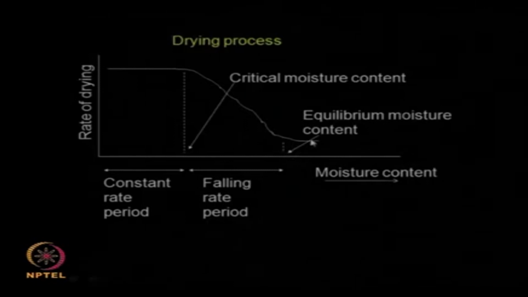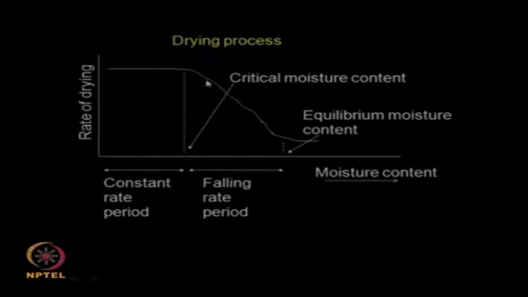It is the concentration of water in the material which is in equilibrium with the amount of water present in the air at that temperature. You cannot dry the material below this water concentration unless you change the relative humidity of the air.